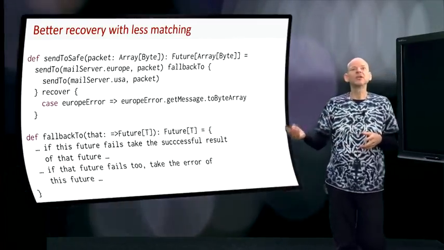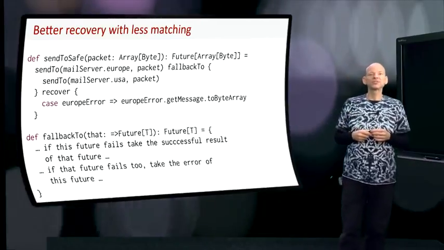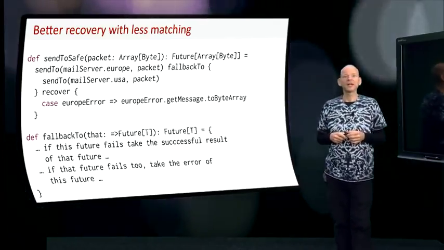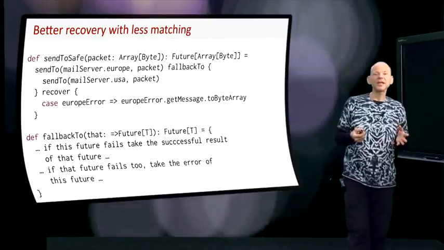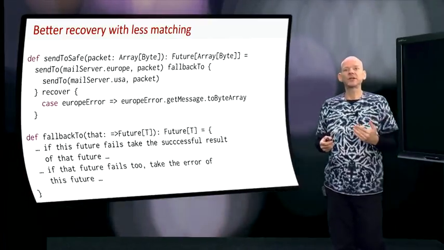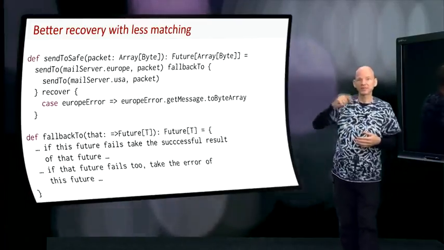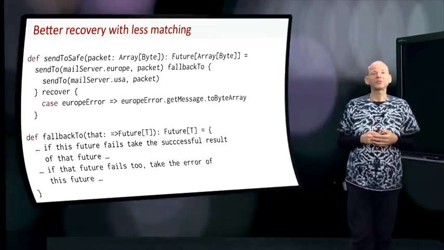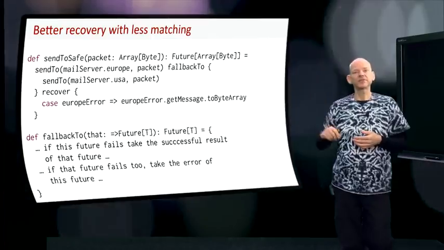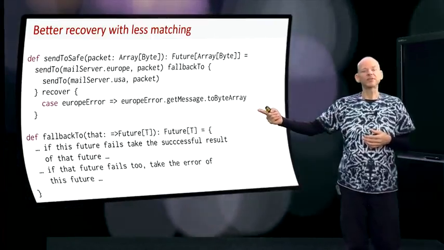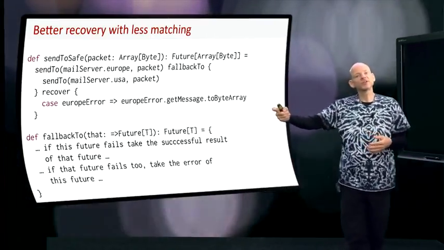If that fails, we fall back to sending the message to the USA, and then we recover by getting the Europe error message, because that's what fallbackTo gives us, and then we can turn that back into the byte array.